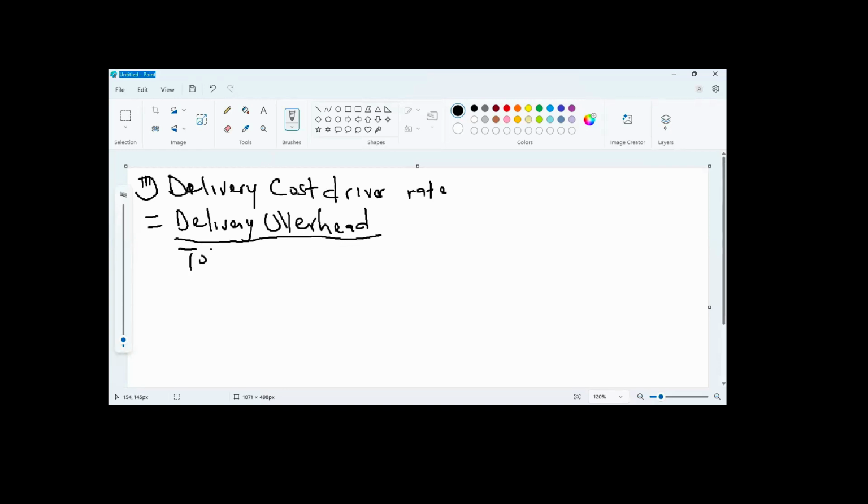Divided by total number of deliveries. Of course, like I said, the examiner will always give you the overhead cost. It is the cost driver you need to now work on: the total number of deliveries.